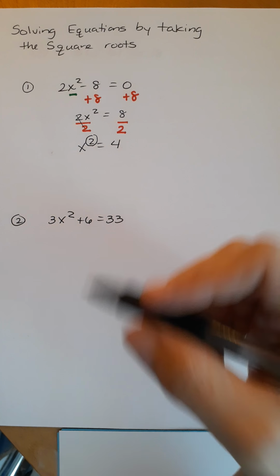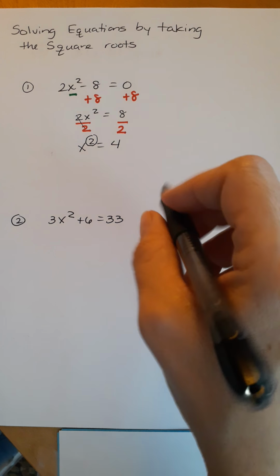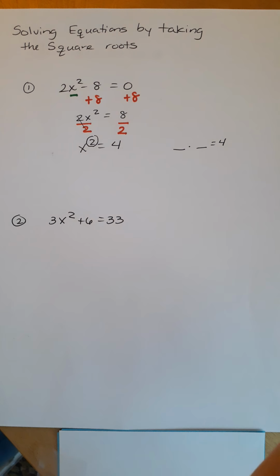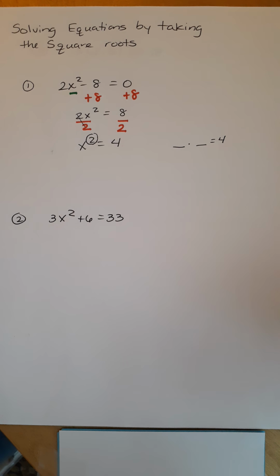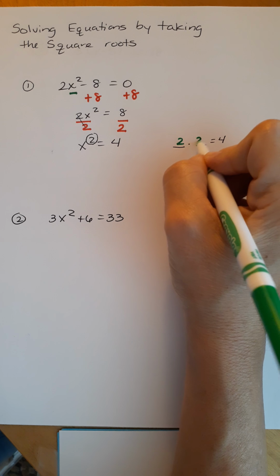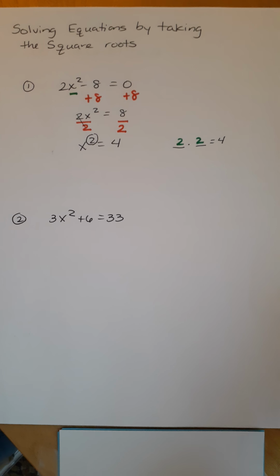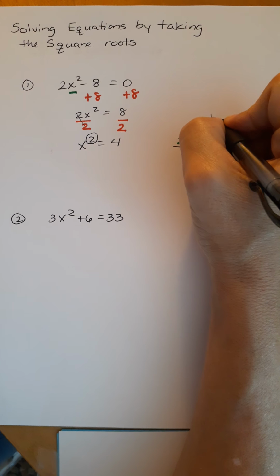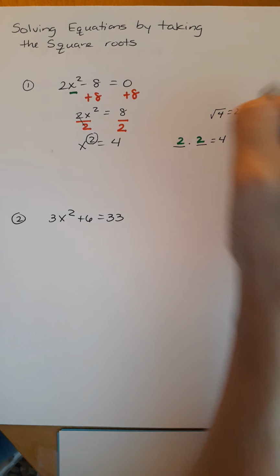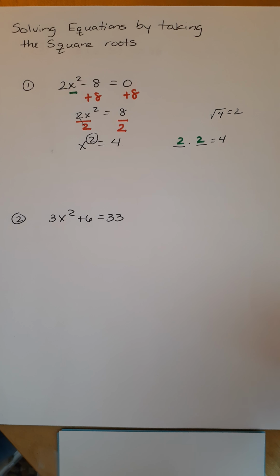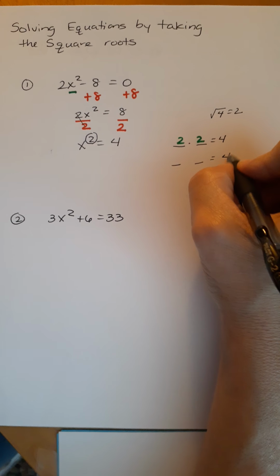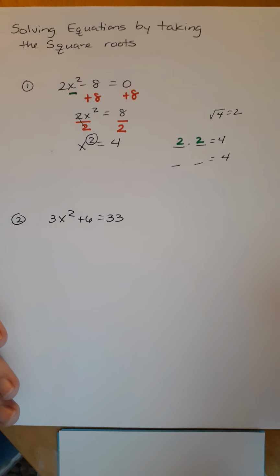Basically the thought process is this. What times what will give me 4? Very simply, you think, 2 times 2 makes sense. The square root of 4 equals 2. It makes all the sense in the world, but there's another number that works for that as well. What times what will give me 4?